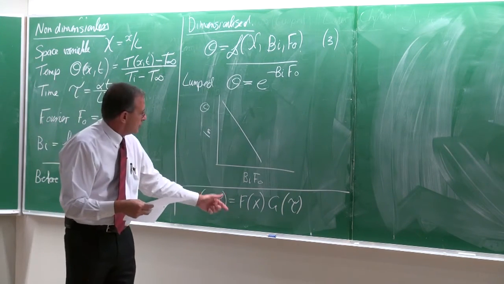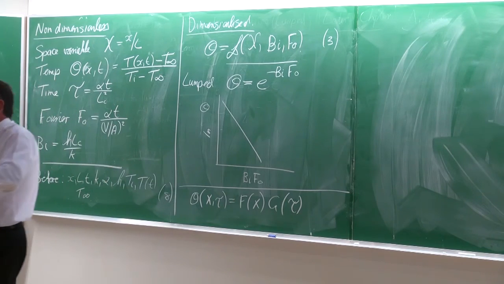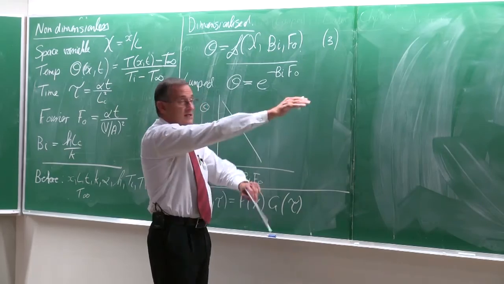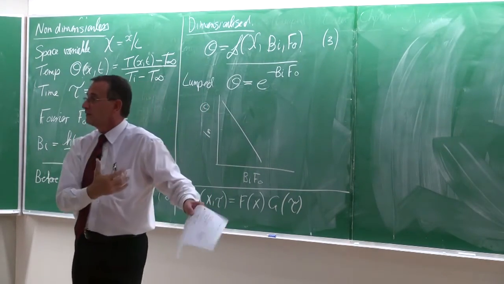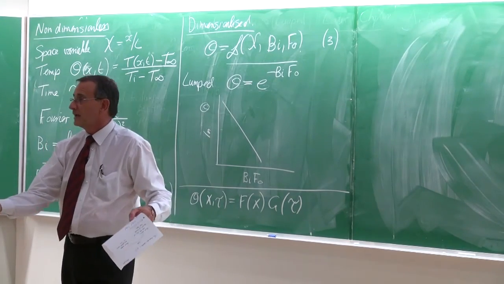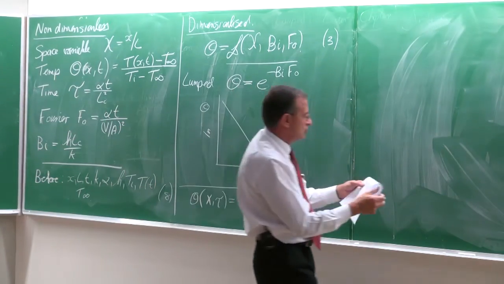You also then make use of a Fourier series to solve the problem. Now the solution of all the mathematics is in your textbook. I don't have time to work through it, but you should be very familiar with it. You've done it in mathematics, so you just need to go and take a look at it.